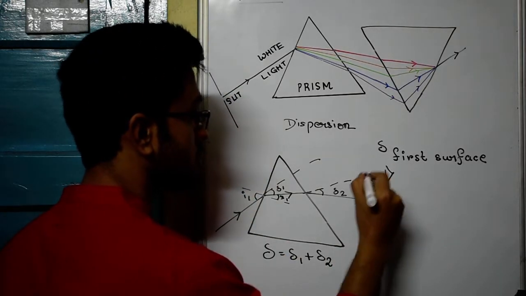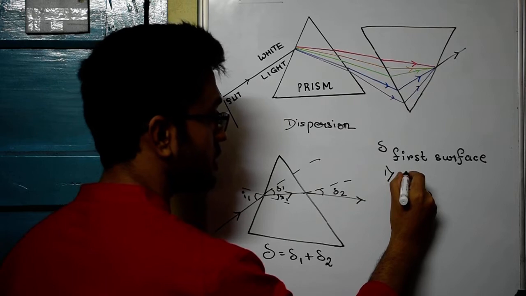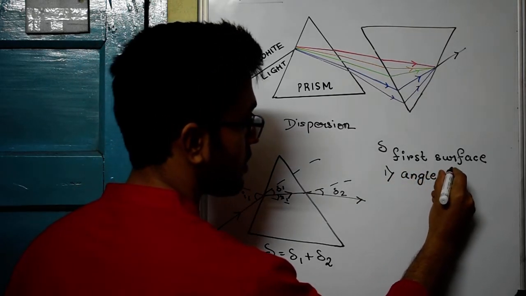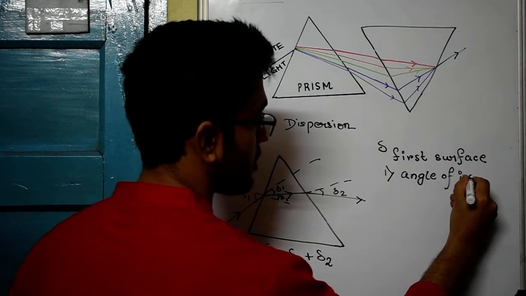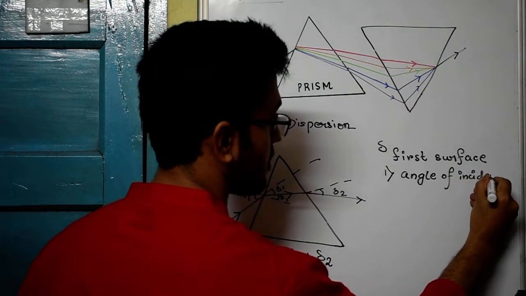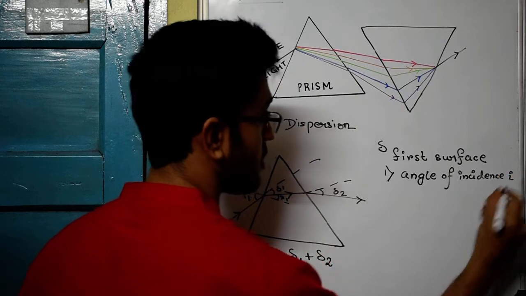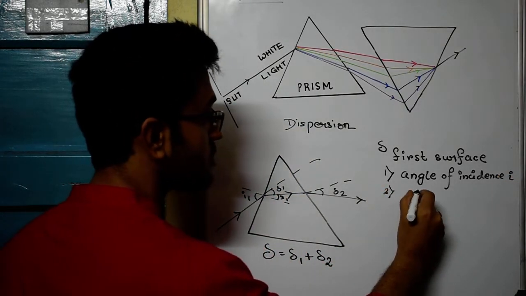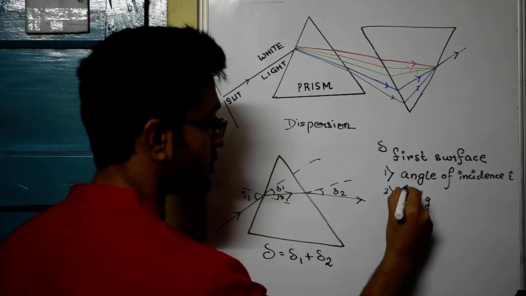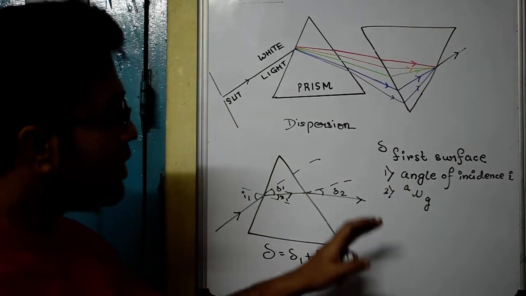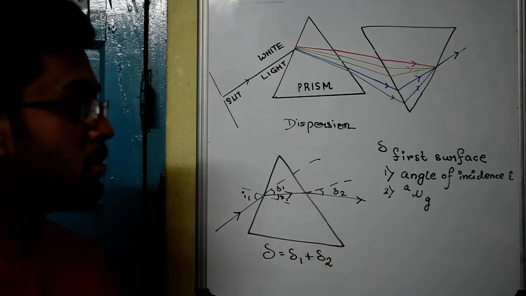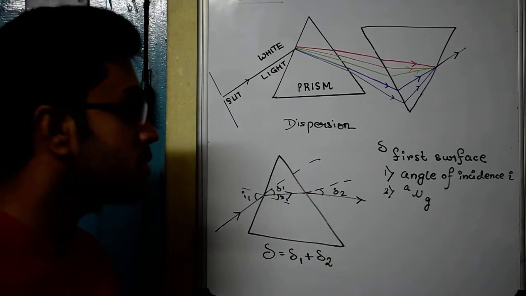Number 1, the angle of incidence I, and number 2, the refractive index of glass with respect to air, provided the prism is made of glass.